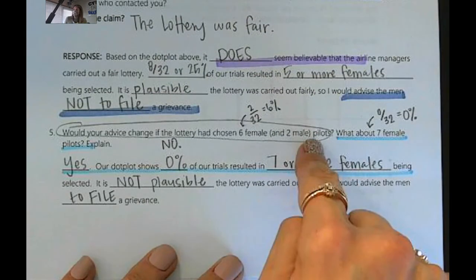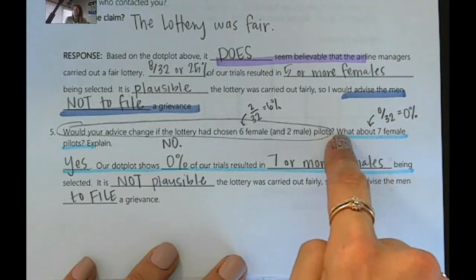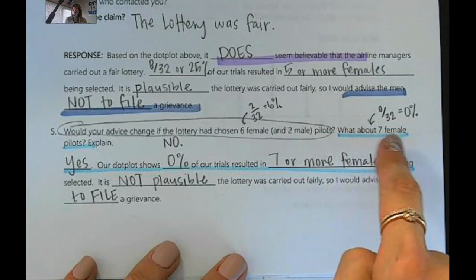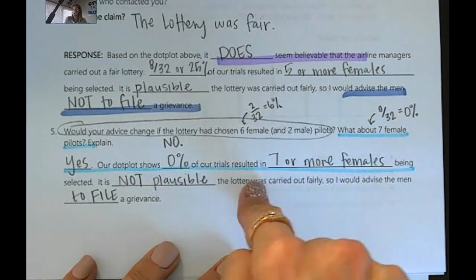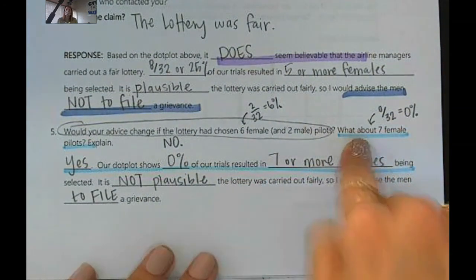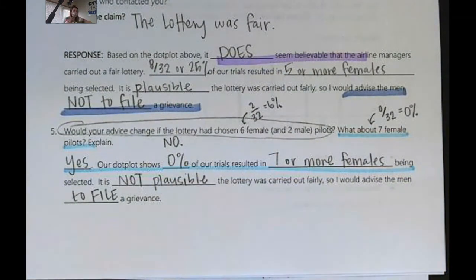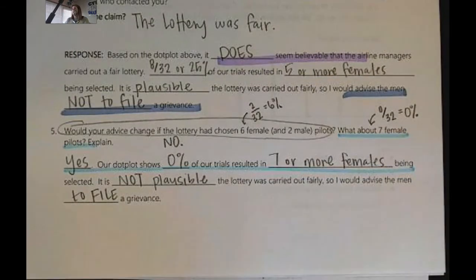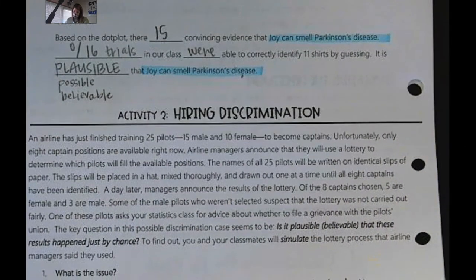What I focused more to highlight on this problem was just to make sure that I would remember that I did this answer for 7 or more females. But it's up to you, whatever you think's gonna help you the most when you come back to these. Okay, so that's 2 examples of us evaluating a claim.